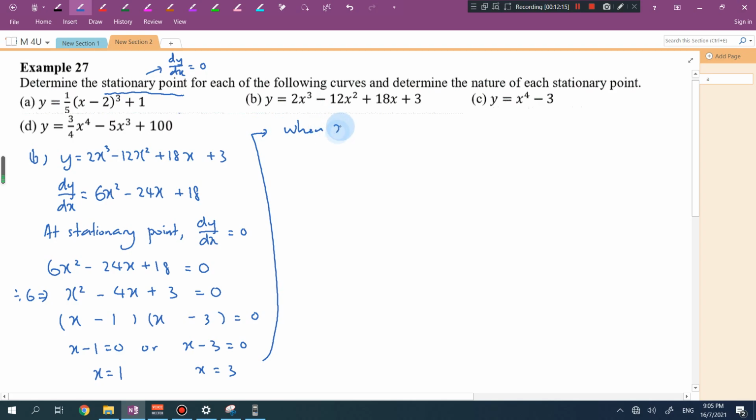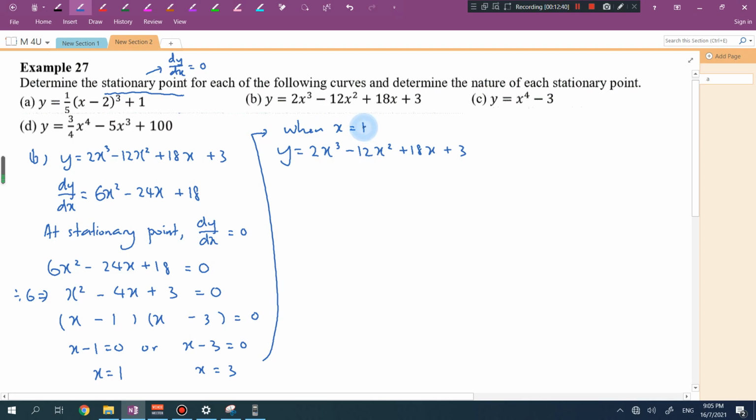When x is equal to 1, we want to find the y coordinate. So I'm going to substitute the value x equal to 1 into the original function. y is equal to, how about I copy first, 2x cubed minus 12x squared plus 18x plus 3.